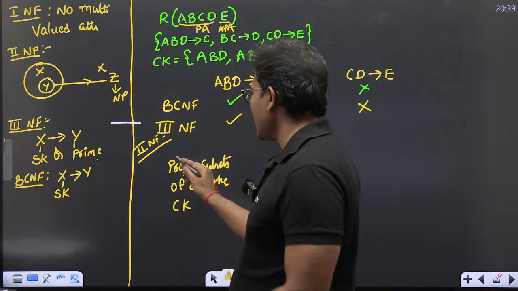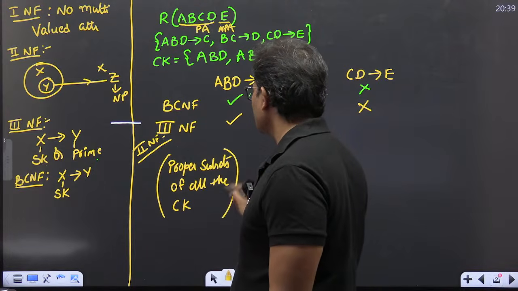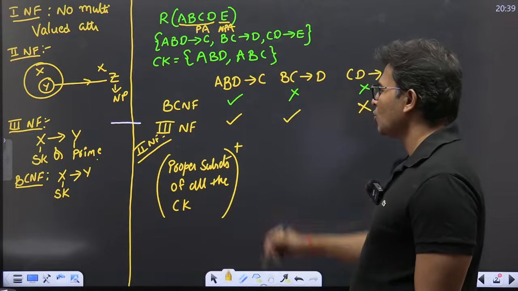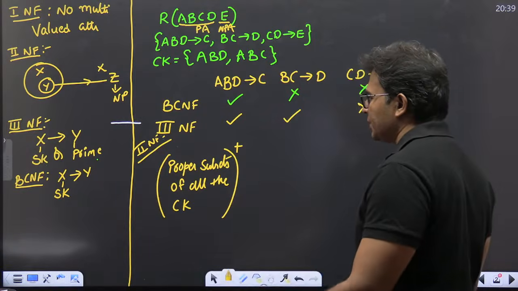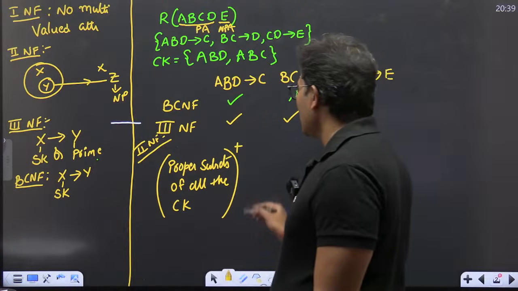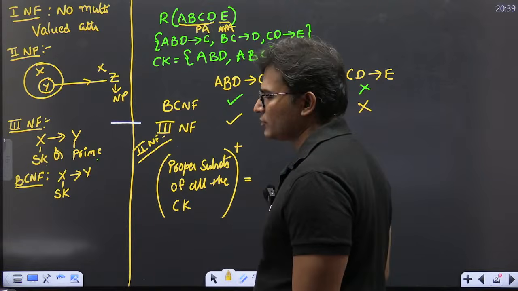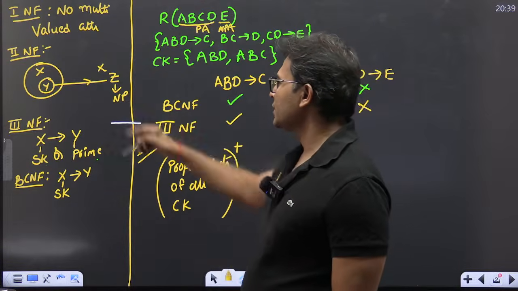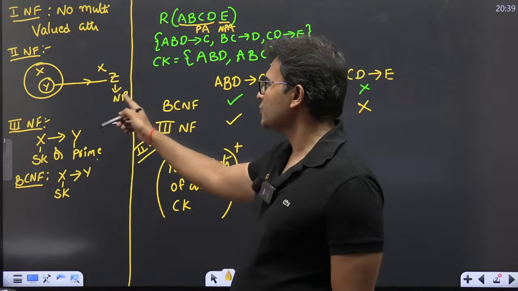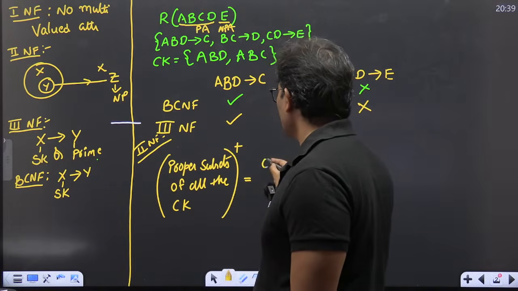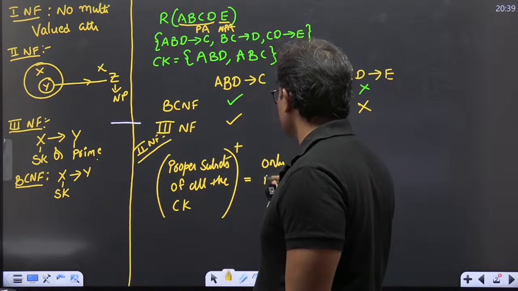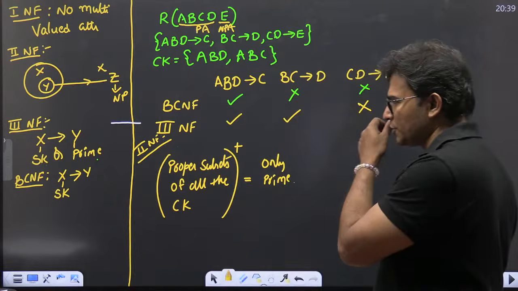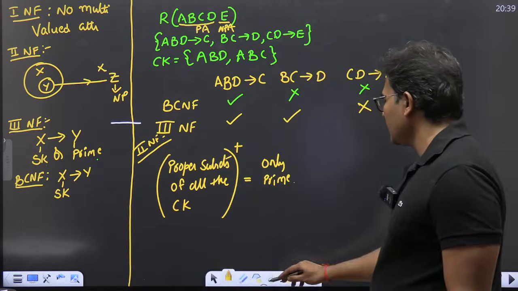Then you have to find the closure of each proper subset, and that should contain only prime attributes. If there is a non-prime attribute, then it is a partial dependency. Only prime attributes, okay? So let me do it here only.